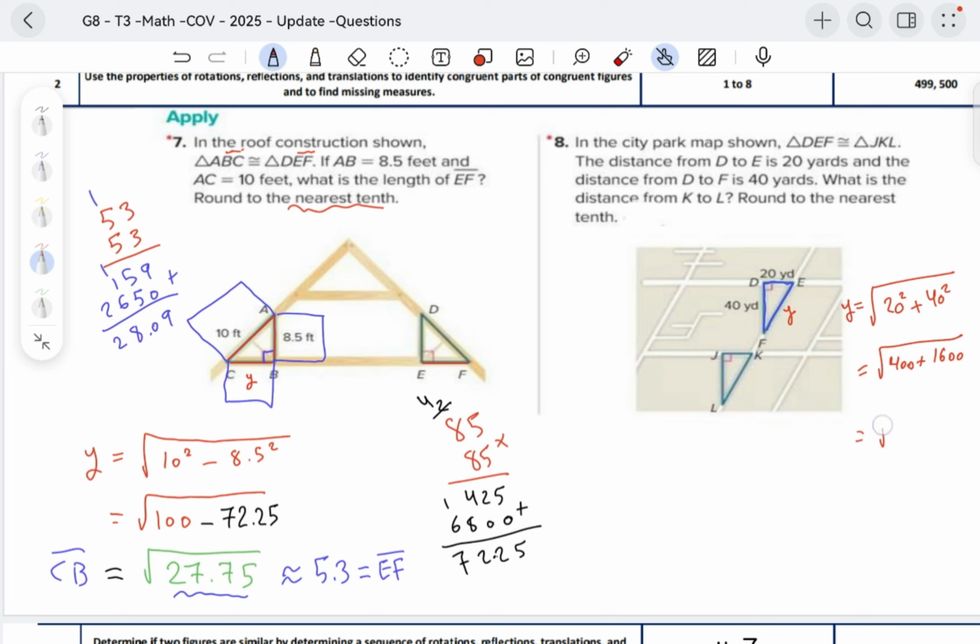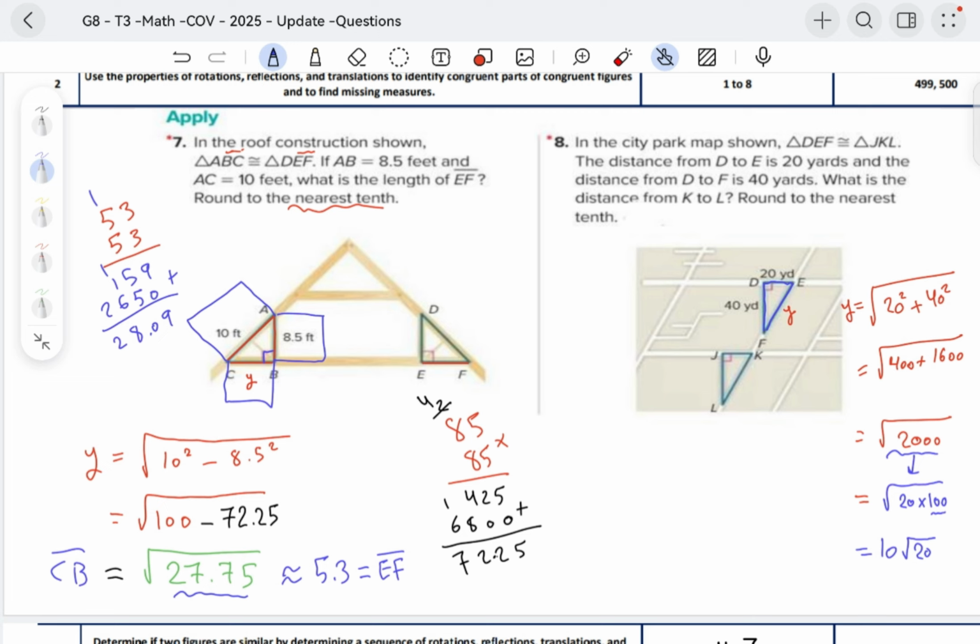If we add them together, we're going to have 2000, the square root of 2000. 2000 is not a perfect square, so what I'm going to do is say that 2000 is 20 times 100. The square root of 100 is 10, so this is equal to 10 times the square root of 20.